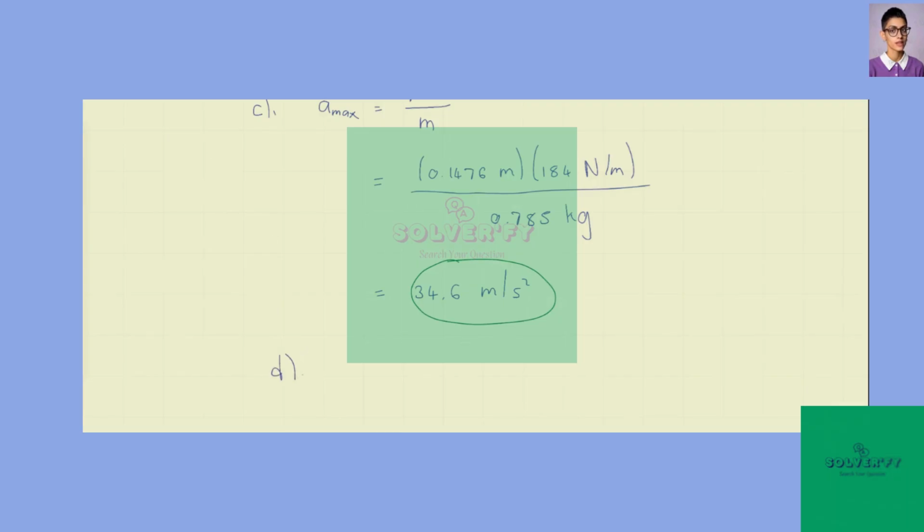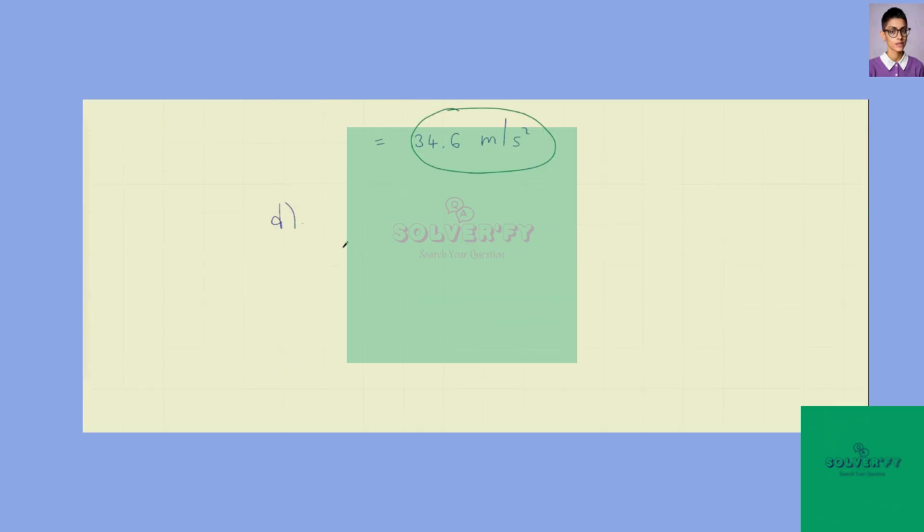Next, we want to find the position as a function of time. Because the mass started at the equilibrium position at x equal to 0, the position function will be proportional to the sine function. So x is equal to the amplitude, 0.148 meters, times the sine of 2 pi times the frequency f, which is 2.437 hertz, times t.